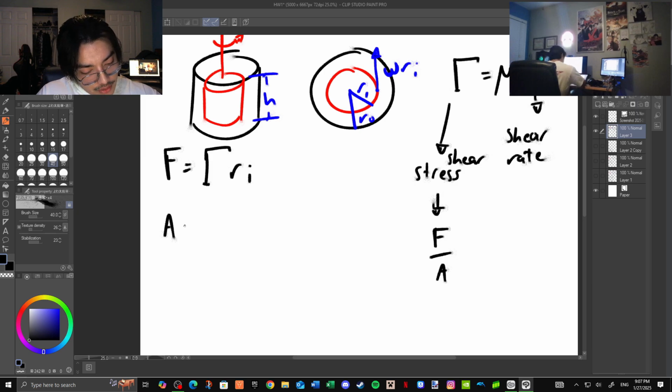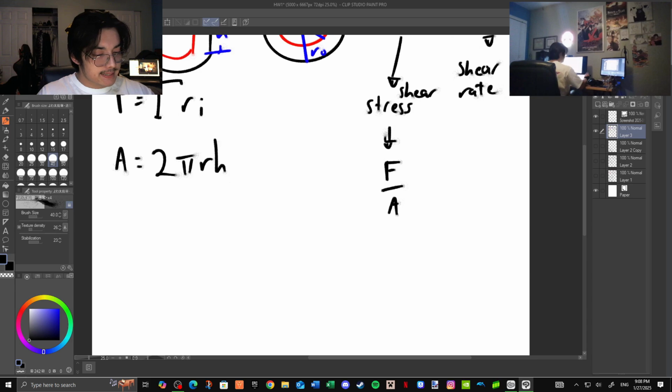And then for area, we're mainly focused on the wall of this inner cylinder, and the expression for that would be 2 pi r times that by h.